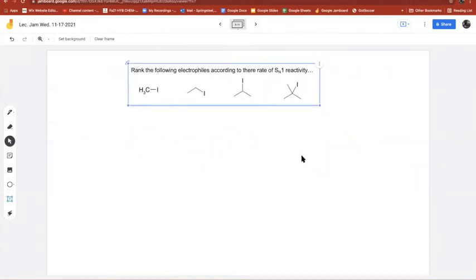So let's rank these in terms of how fast they'll react in an SN1 reaction. Which of these electrophiles will react the fastest in an SN1 reaction? These are iodides here. I'll put the lone pairs on them so they stand out a little more.